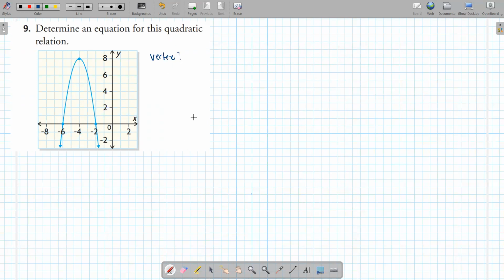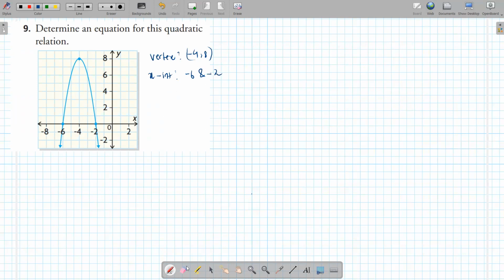Negative 4, 8. And where are our x-intercepts? There's two of them that they've given us. Negative 6 and negative 2.